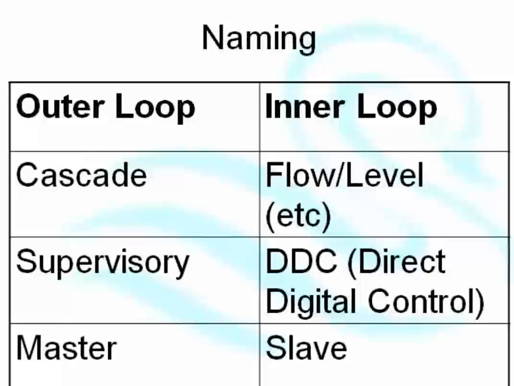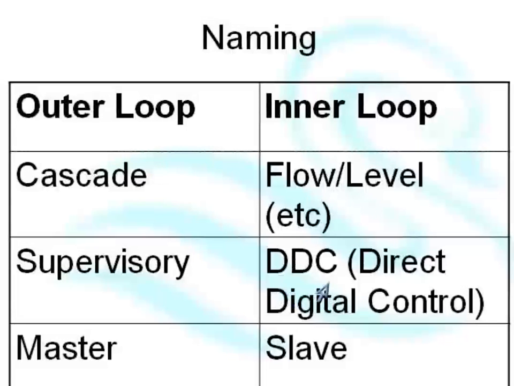Now, conventional naming for these loops. Quite often we call the inner loop by what it does: the flow loop, or the level loop, or the temperature loop, or whatever. And then the next outer loop out, we would call the cascade loop. Another term we often use is to call the inner loop the DDC loop.